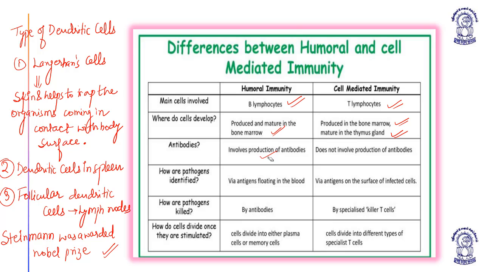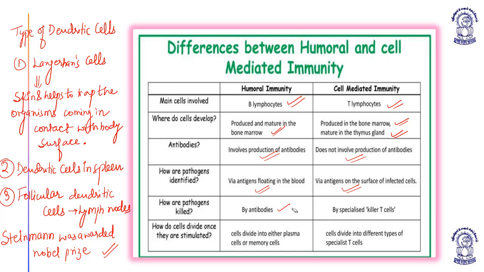Humoral immunity involves production of antibodies. Cell-mediated immunity does not involve the production of antibodies. Humoral immunity identifies pathogens by antigens floating in the blood, while cell-mediated immunity identifies pathogens with the help of antigens present on the surface of infected cells. How are the pathogens killed?